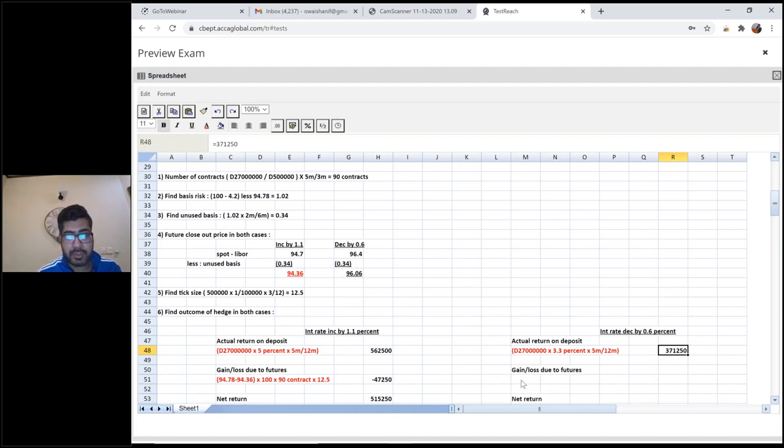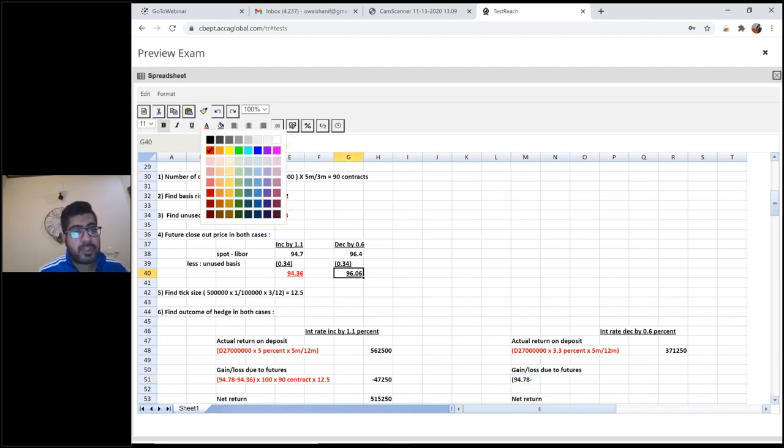Now, gain or loss due to futures. The formula is the difference between futures price and futures closeout price. The futures price is 94.78. The futures closeout price in case of decrease is 96.06, which I just made red in step 4.